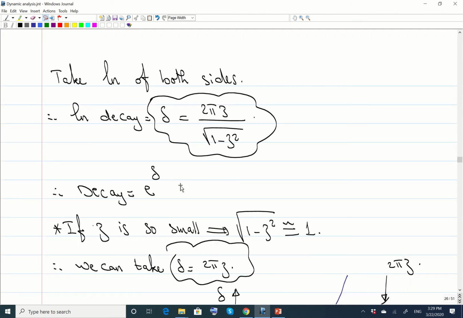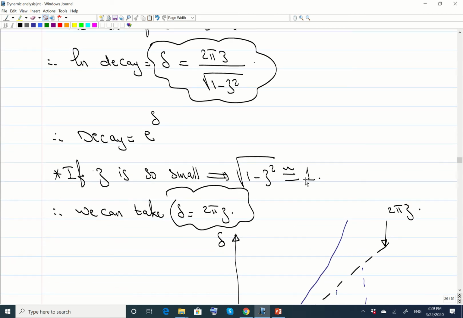Okay, so now if zeta is too small, let's say 2% or 1%, so zeta squared is going to be 0.0004. So this is going to be too small, so I can just simply assume that square root 1 minus zeta squared is nearly 1.